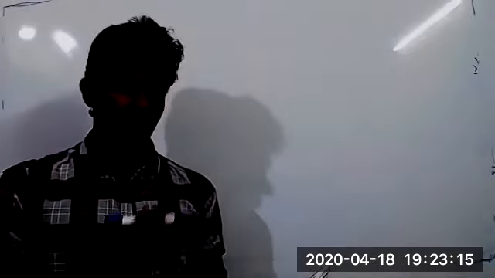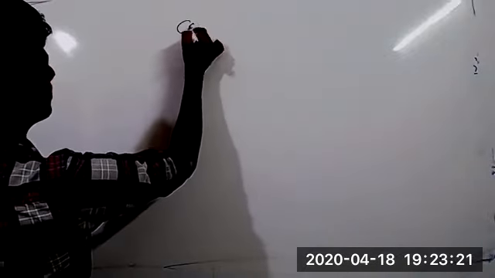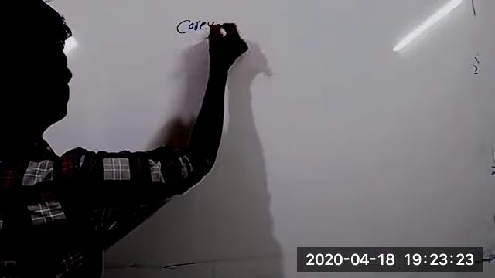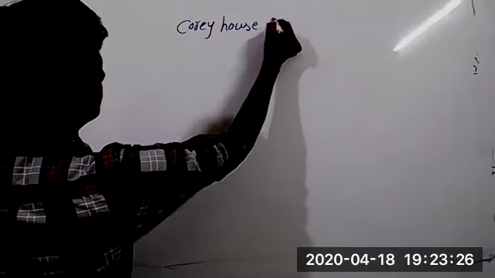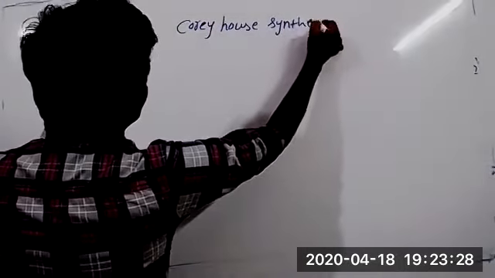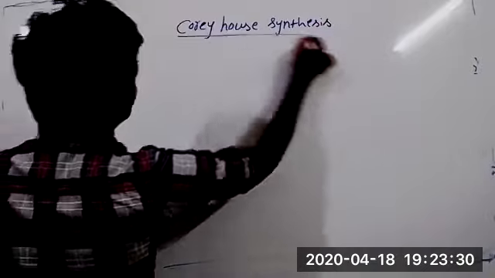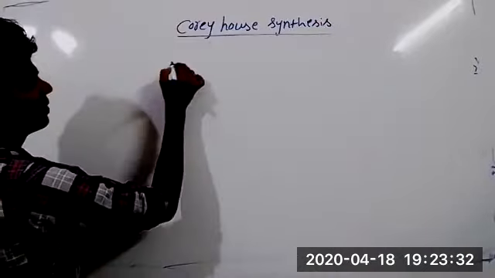Okay, this reaction I didn't tell you. It's actually a higher level question. I will tell you some concepts. First, note down this: Corey-House synthesis. This is a name reaction.